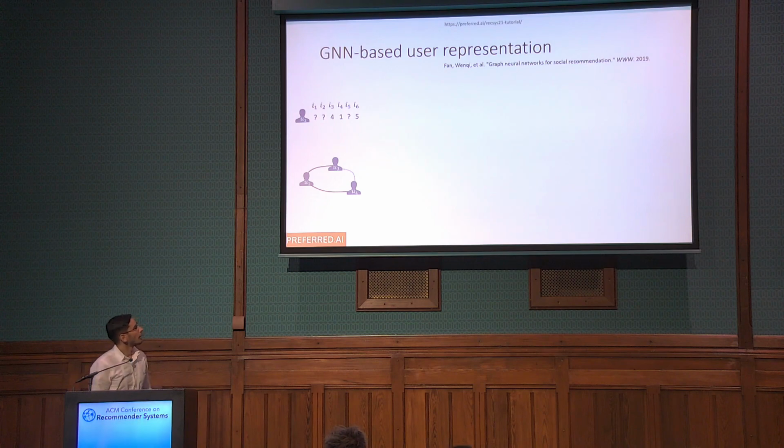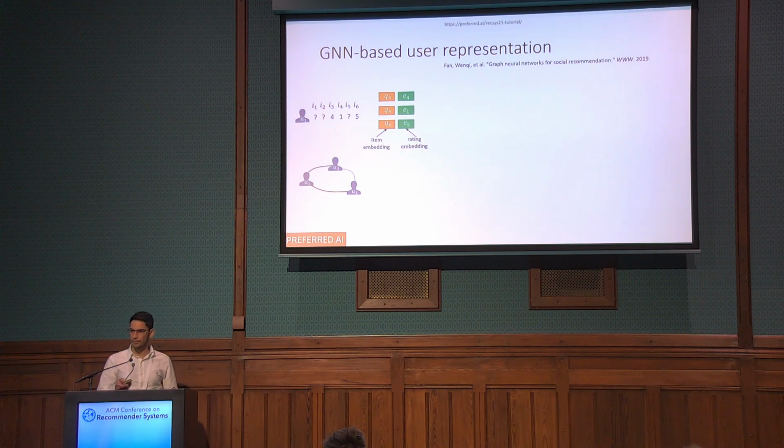Okay, so just to look into a bit more details of how this graph neural network representation of the user happens. So we have the two signals, ratings and social networks, and we are interested in user one here. So the first thing is we need some embeddings for the item embeddings and the rating embeddings.